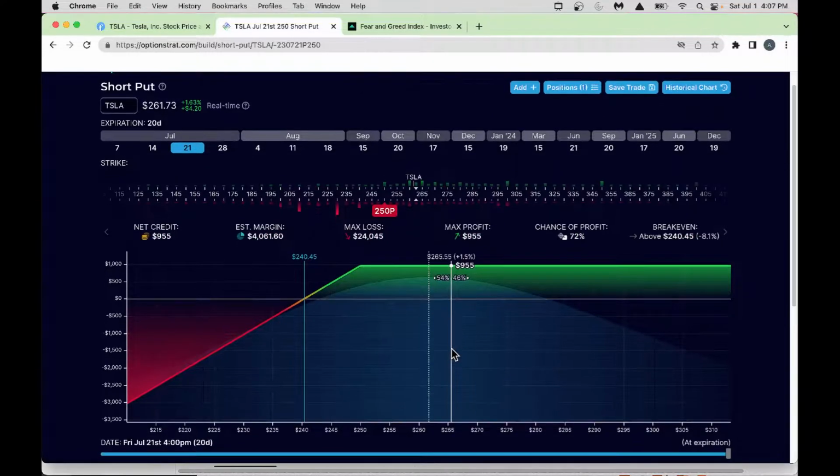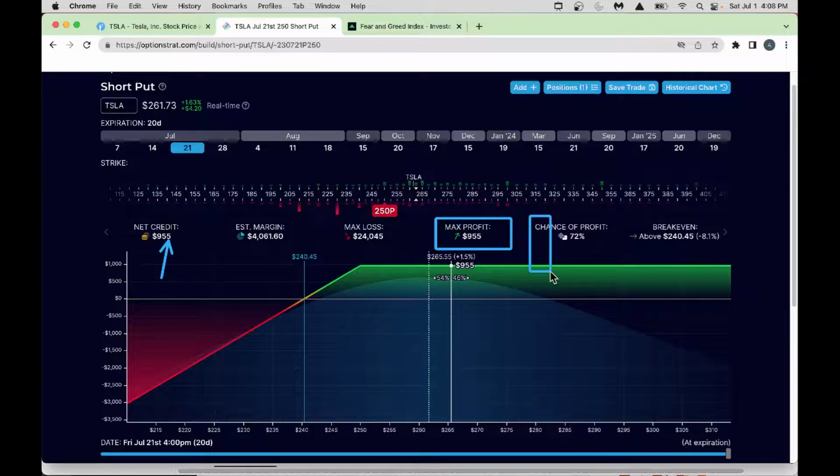And look, the credit, the money that you will receive, is $955. Estimated margin is 4,061. Maximum loss is 2450. That's basically 250, which is 25,000, minus the credit that we received.